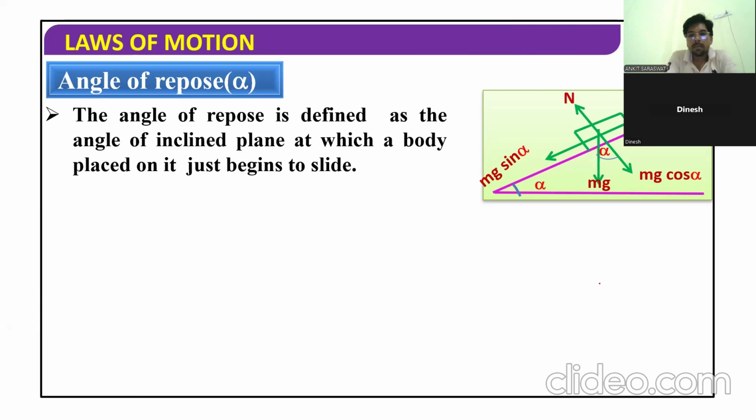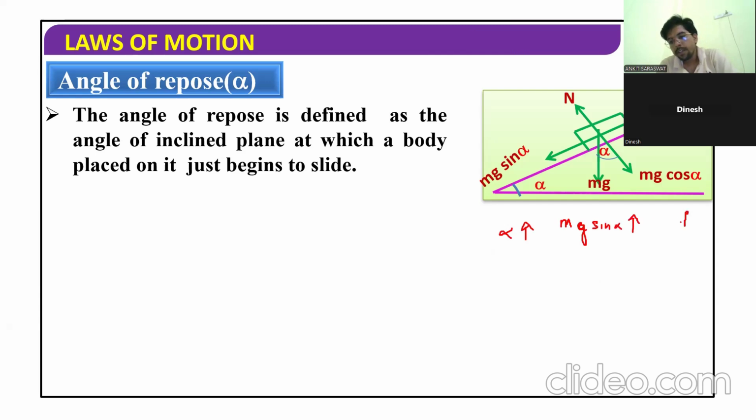The angle of repose is defined as the angle of the inclined plane at which a body placed on it just begins to slide. It is not moving, it just begins to slide. You are increasing this alpha, so mg sin alpha will also increase.